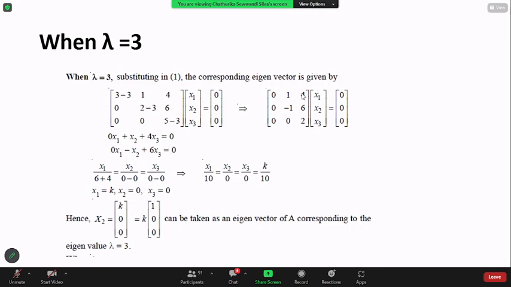First equation: 0 times x1, 1 times x2, 4 times x3 equals 0. Second equation: 0 times x1, minus 1 times x2, 6 times x3 equals 0. Third: 0 times x1, 0 times x2, 2 times x3 equals 0.